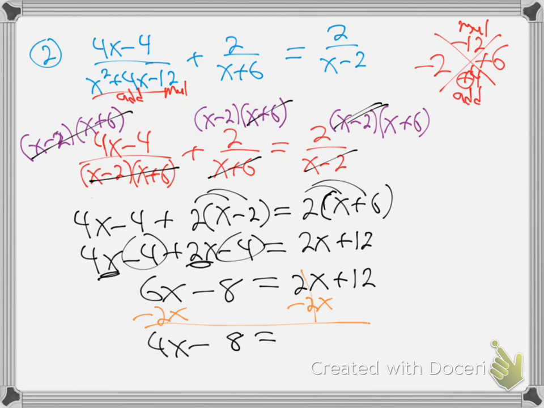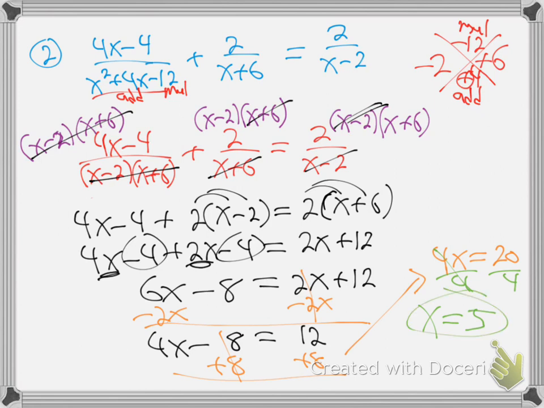We get 4x minus 8 is 12. To get x alone, add the 8. So bring it over here. 4x is 20. Last step, divide by 4. X is 5 is the answer.